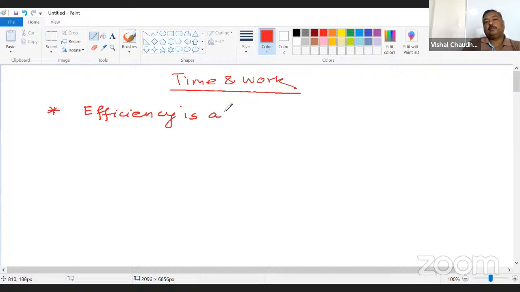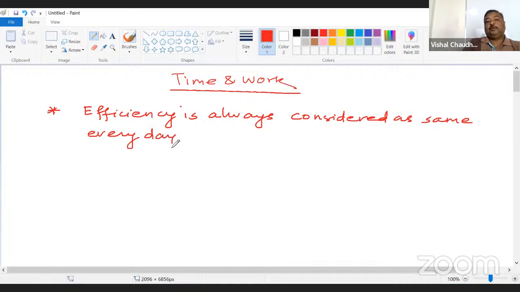Efficiency is always considered as the same every day. Efficiency is always considered as the same every day.